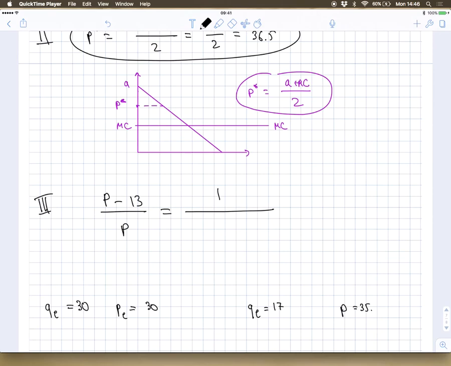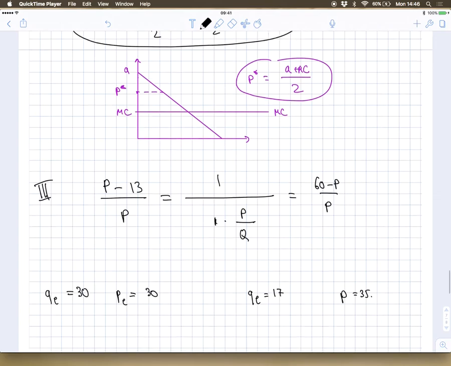The inverse of the slope is just 1 times P over Q. So this will be Q over P, but instead of Q, I can write 60 minus P. Agree?